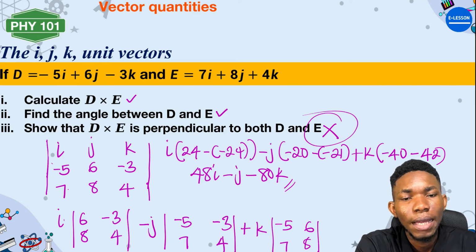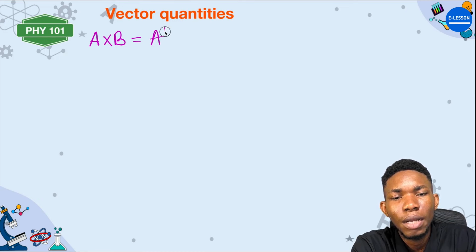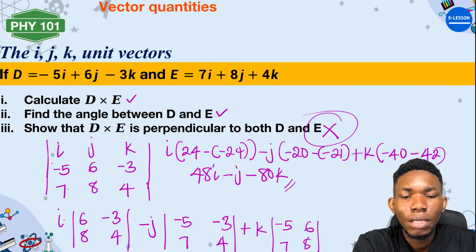For us to find the angle, we said A cross B is equal to magnitude of A, magnitude of B sine theta. So if you are looking for the sine angle between A and B, this is how you do it.